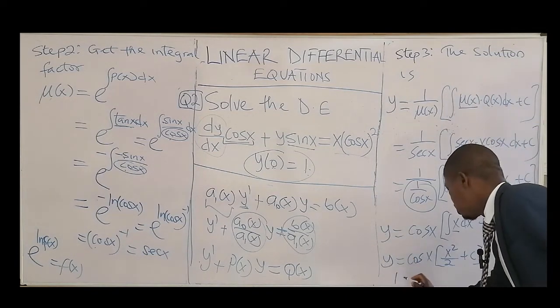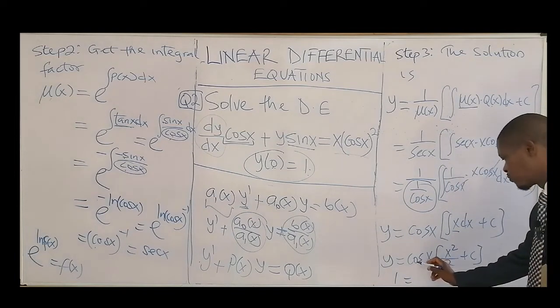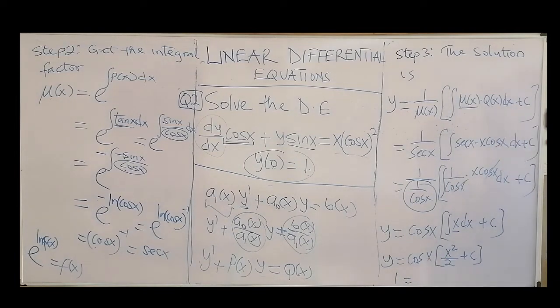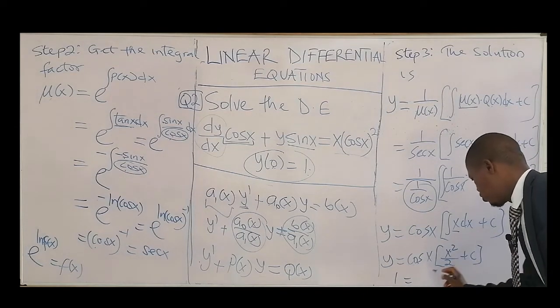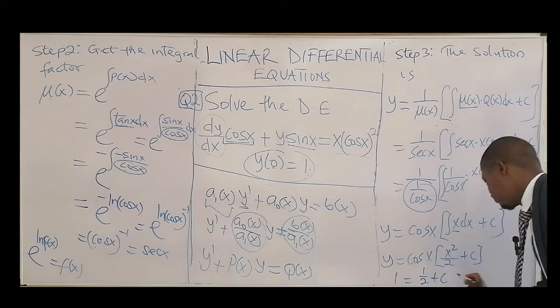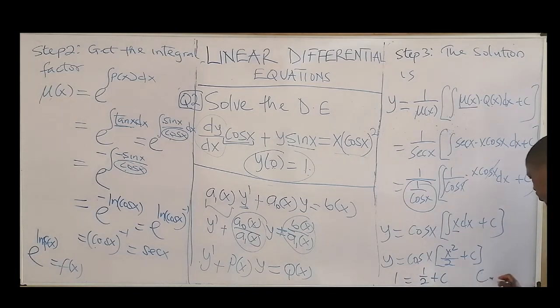That will be 1 equal to, this one also will be 1, because cos 0 is 1. So that will be equal to 1 over 2 plus c. Okay, so c is what? 1 minus half. And that's equal to what? That's half. So just come back here and make your substitutions for your c, and that's that on this question.